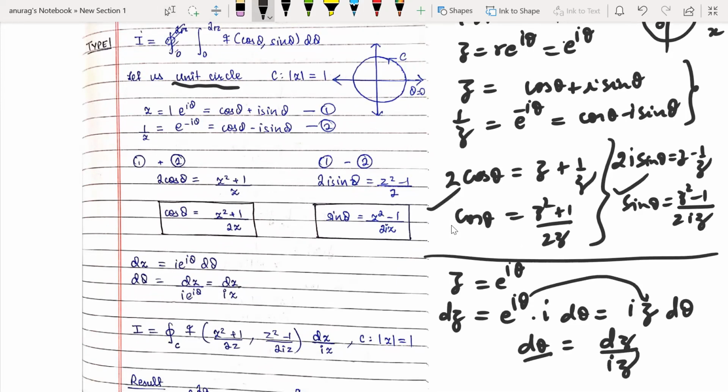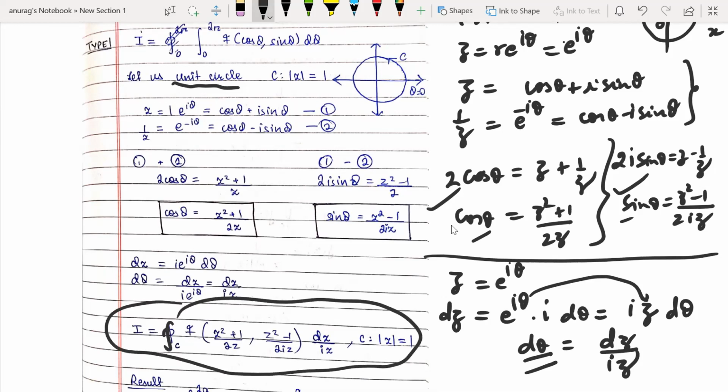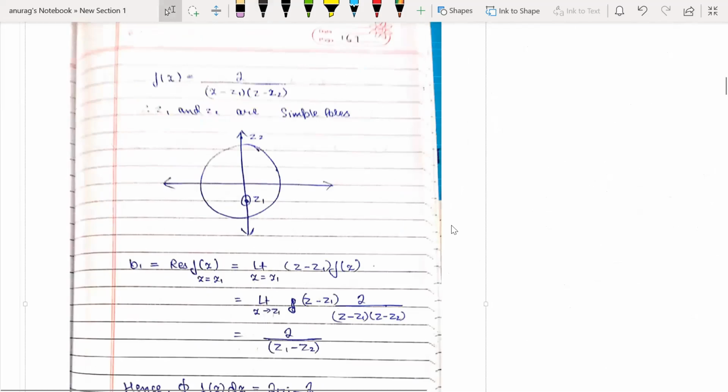So you have changed theta, cos theta, sin theta and d theta, and theta from 0 to 2 pi moves on the unit circle. Now your integration will look like this: a closed integration on the unit circle, where cos theta is z square plus 1 upon 2z, sin theta is z square minus 1 over 2iz, and d theta is dz over iz, with mod z equal to 1.